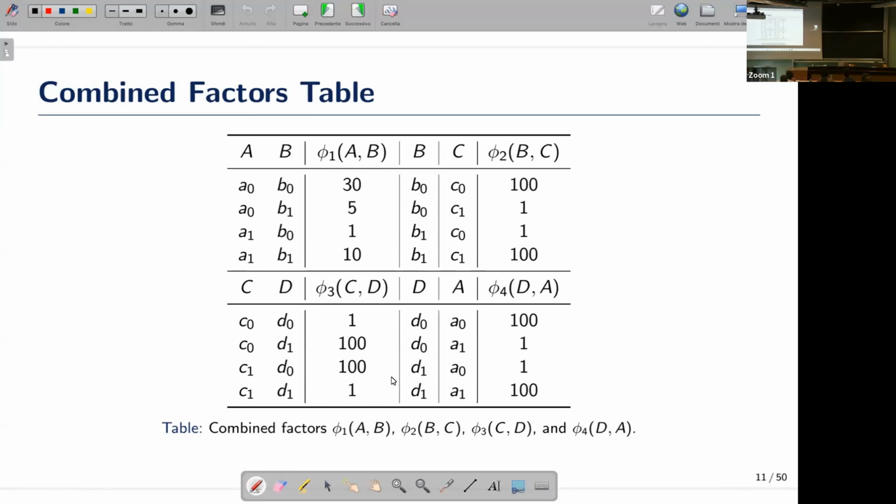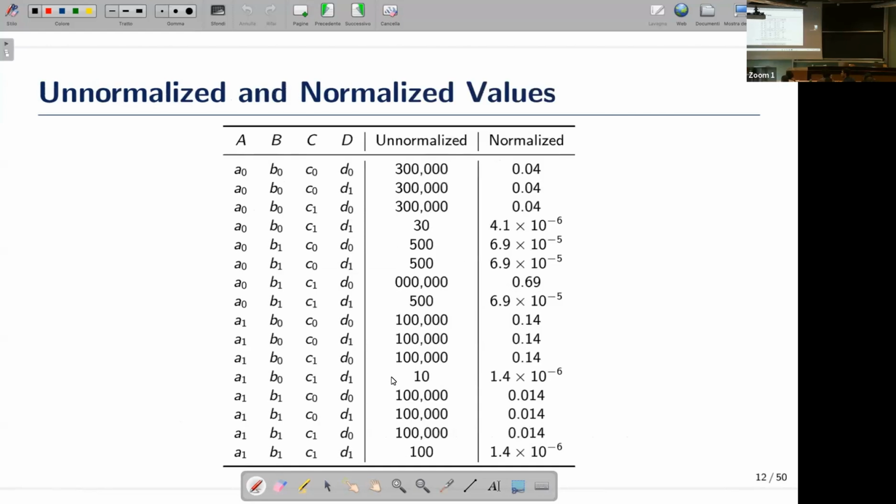Okay, now I have to combine these factors to get the joint. And this is what I obtain. So for each combination of my 4 variables, I obtain one of these numbers.